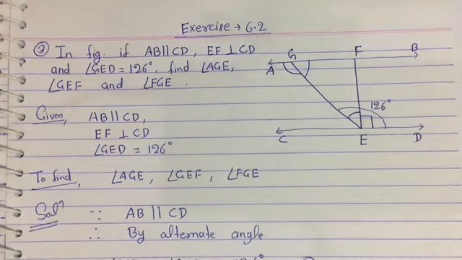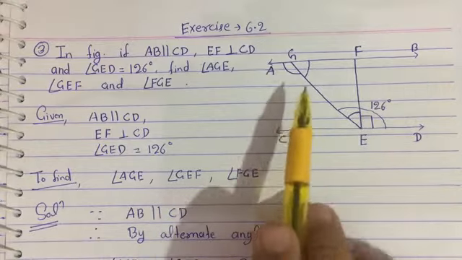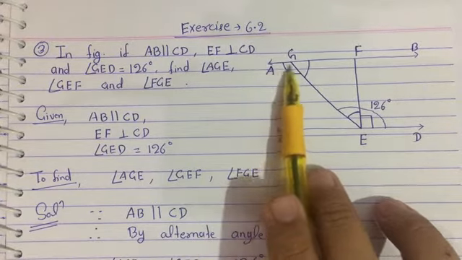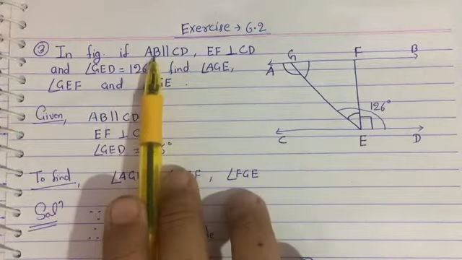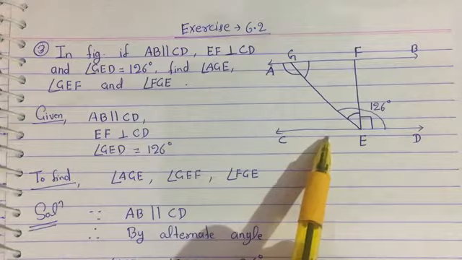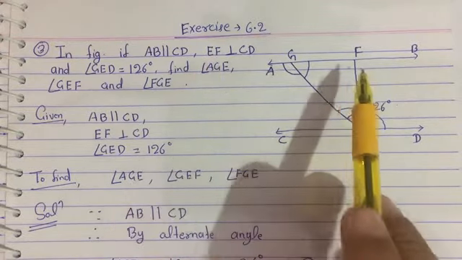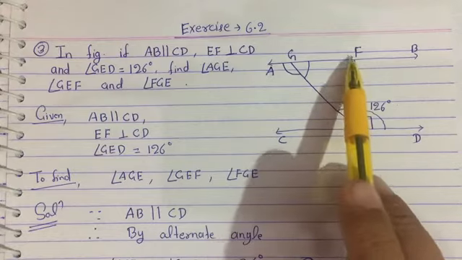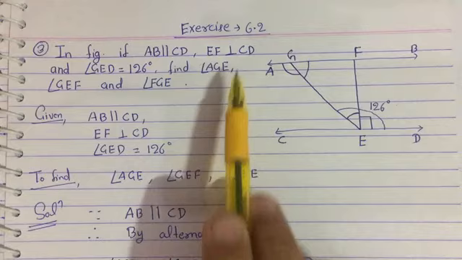So first of all, we have to explore the figure and see what is given. This is line AB, this is line CD, and the question says that AB is parallel to CD. These both lines are parallel to each other, and this is EF. EF is perpendicular to CD.